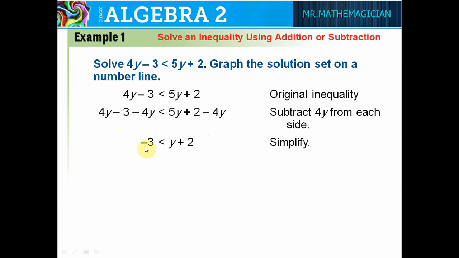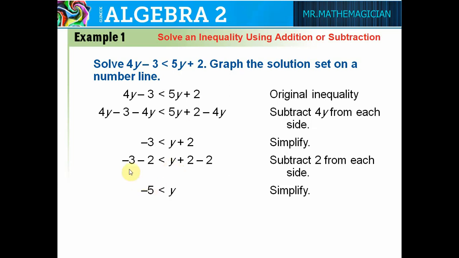So this will be negative 3 smaller than 5y minus 4y, which gives you y. Still we have positive 2 here, so we can subtract 2 from both sides for y to be alone. Negative 3 minus 2 gives you negative 5.